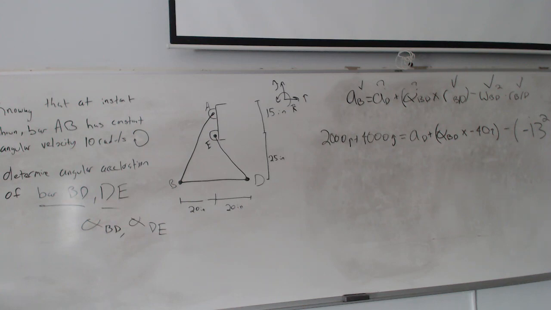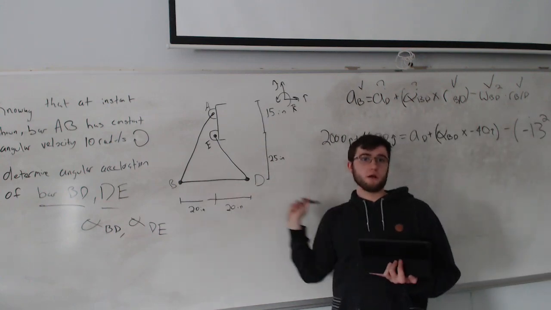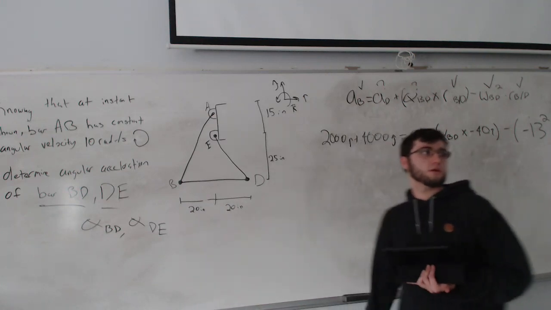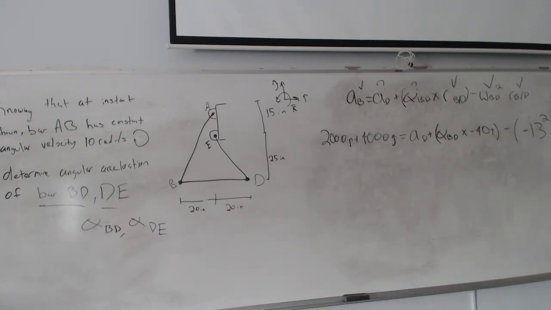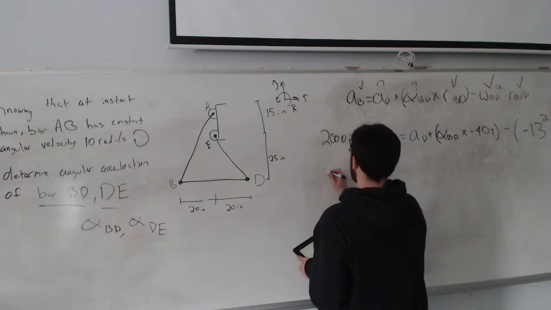Okay. Any questions here? The position vector B with respect to D, that's just, this right here only has I components. So, yeah, I'm going to now do some cross product, and then I'm going to split it into I and j components, and then see where that brings me in terms of what I know and what I don't know at that point.